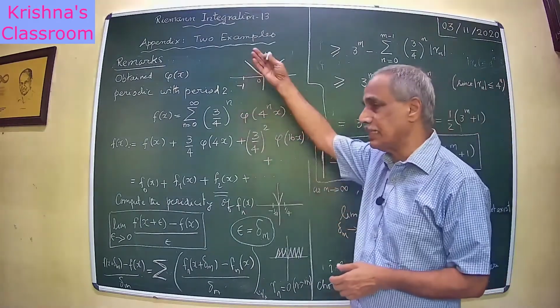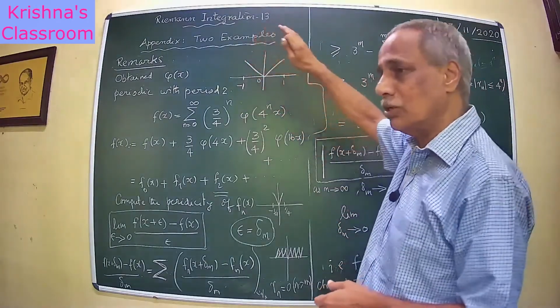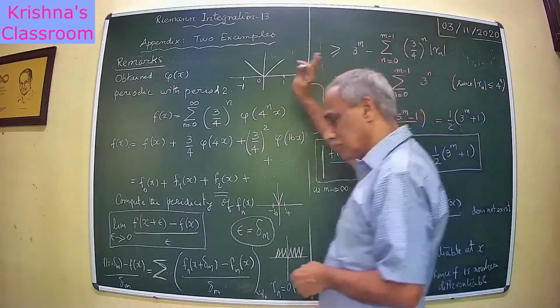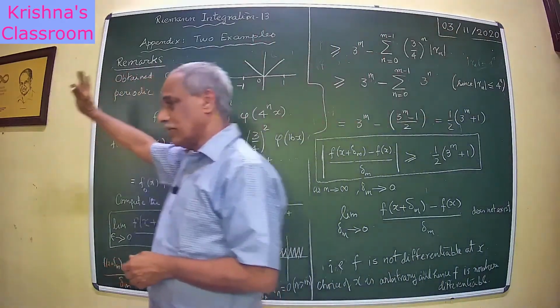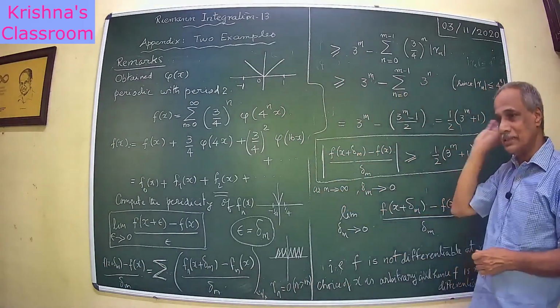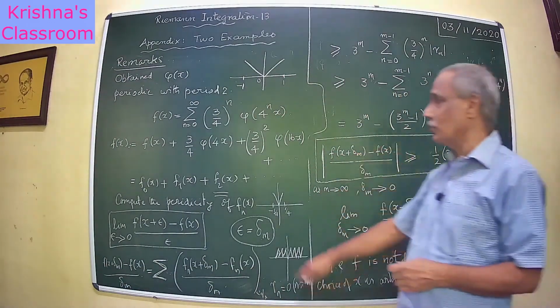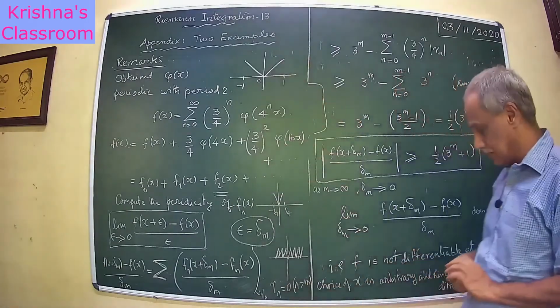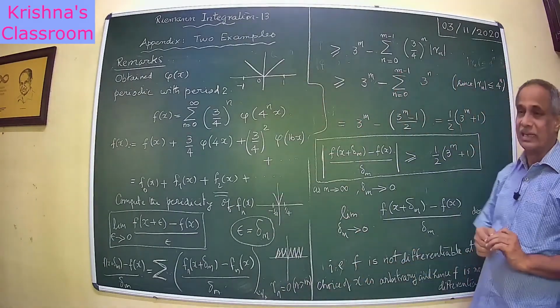In the previous example, our objective was to get the function discontinuous at countably many points. In both the cases, this has been achieved by a construction of this kind. Okay, thank you very much.